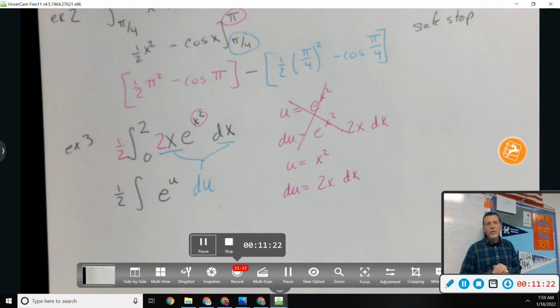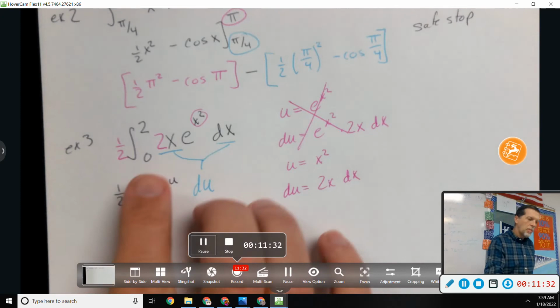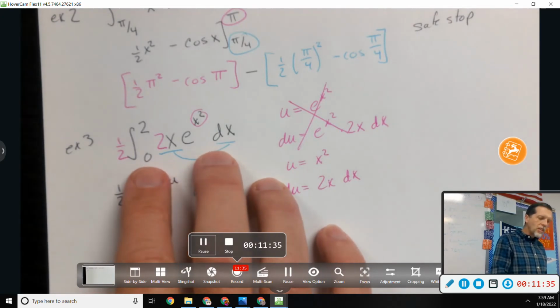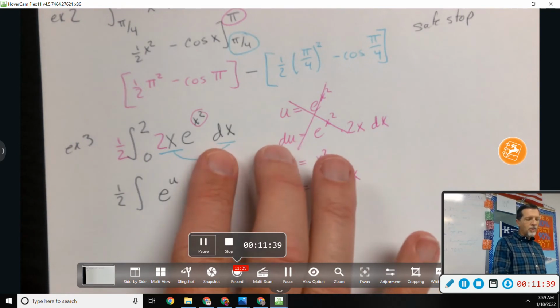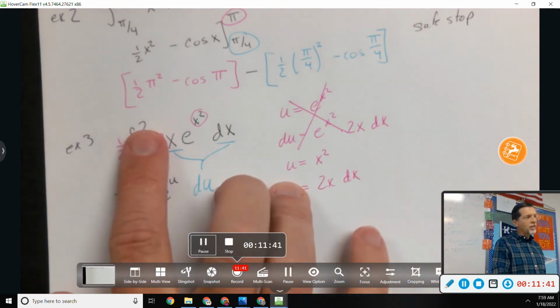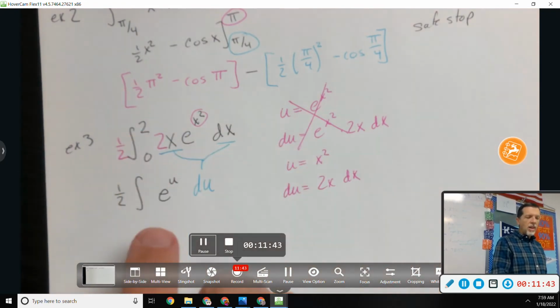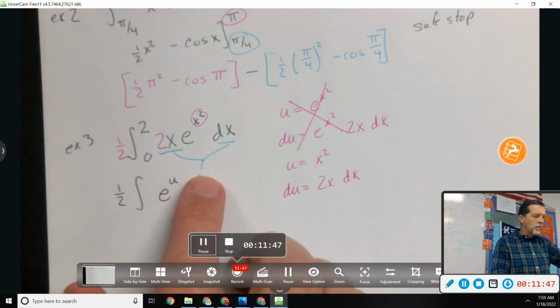Before we get to that point, I've intentionally left off those limits for now. Remember back earlier, one of the first things we said was this was the area under this curve from x equals 0 to x equals 2. But I've switched it up now. This isn't x stuff anymore. This is u stuff.